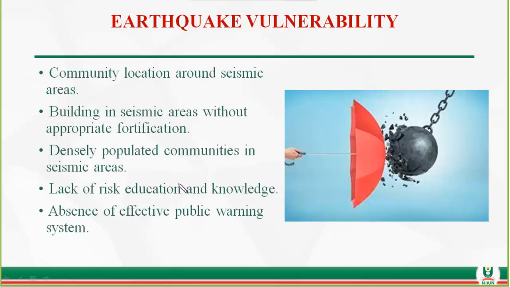Areas that are prone to earthquakes, areas that are below the sea level. Buildings in seismic areas without appropriate fortification, buildings without earthquake resistance materials, tsunami resistance materials, are likely going to become highly vulnerable.